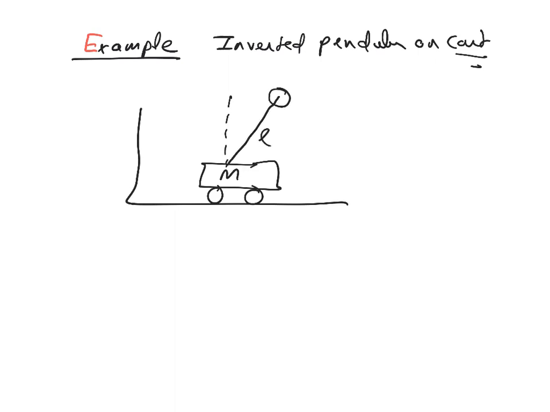The length is L, the mass of this is small m, and this angle is theta, and this distance is, let's say, z. Okay, and the only input to the system is a force applied to the cart.